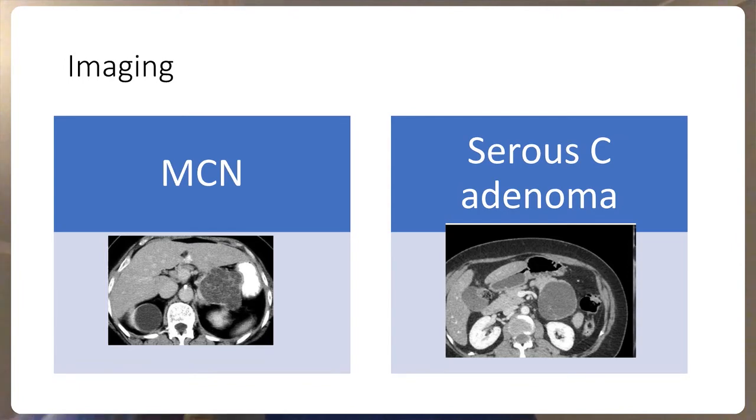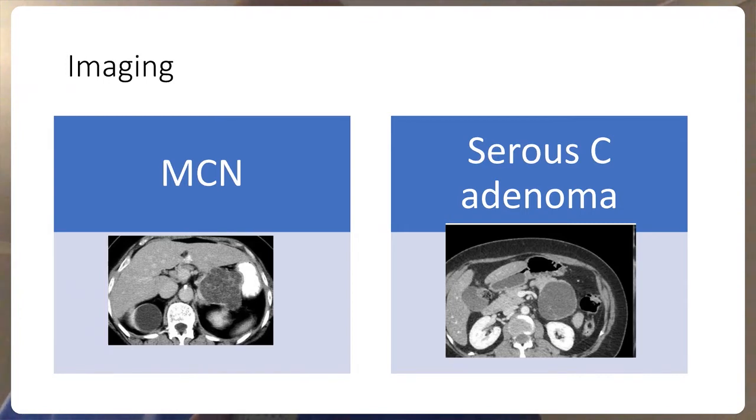I didn't detect that until now, but this is a serous cyst adenoma where the lesion is multi-loculated, and you see it has a lot of septa in it. And this one is the mucinous cyst adenoma.